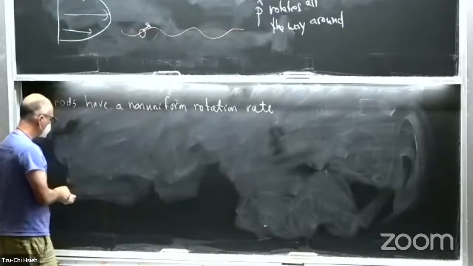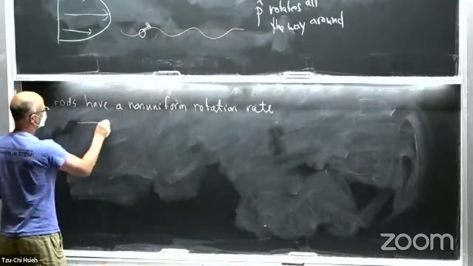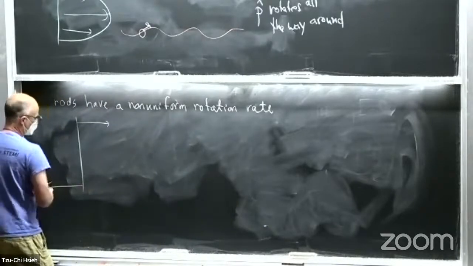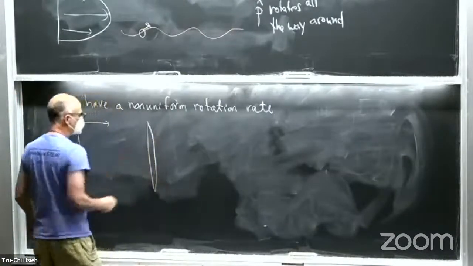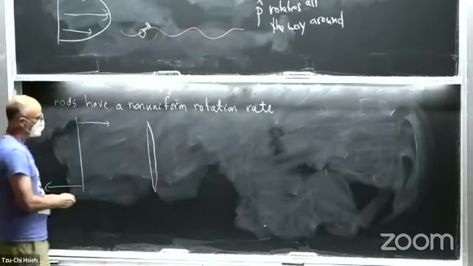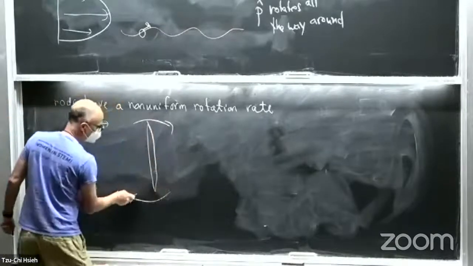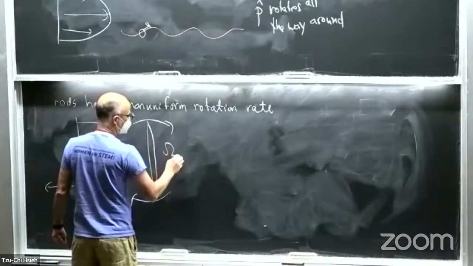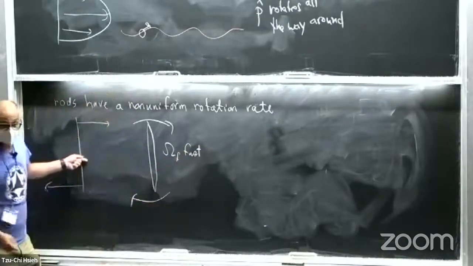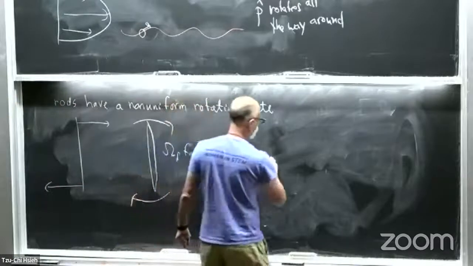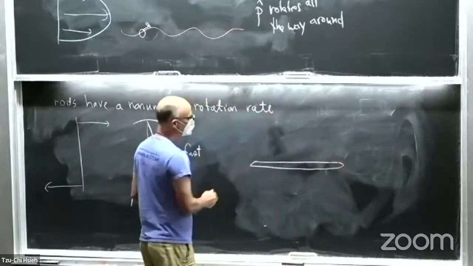So again, if we have a shear flow here, you can see that if the rod is perpendicular, it is going to rotate fast. So let's call this omega from the flow is fast, relative to what it does when it's aligned with the shear, or rather aligned with the streamlines.